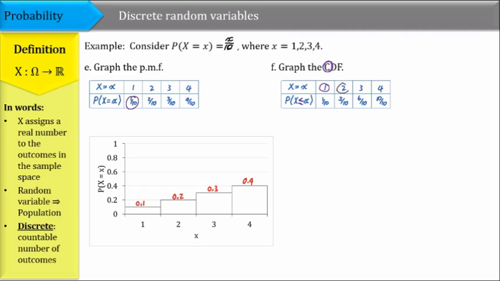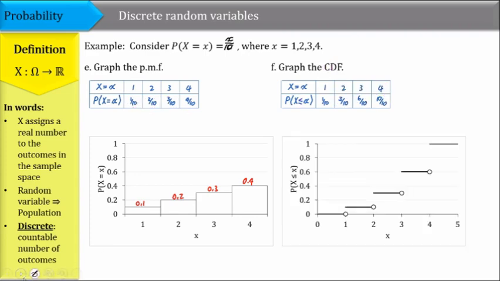When we have x equal to 2, then we have probability 1 over 10 plus 2 over 10, and that gives us 3 over 10. When we have x equal to 3, we have probability 1 over 10, 2 over 10, and 3 over 10. So that added together gives us 6 over 10. And then of course the last one, probability for x less than or equal to 4. That means we are adding everything together, so we should get 10 over 10. And now we just plot that.